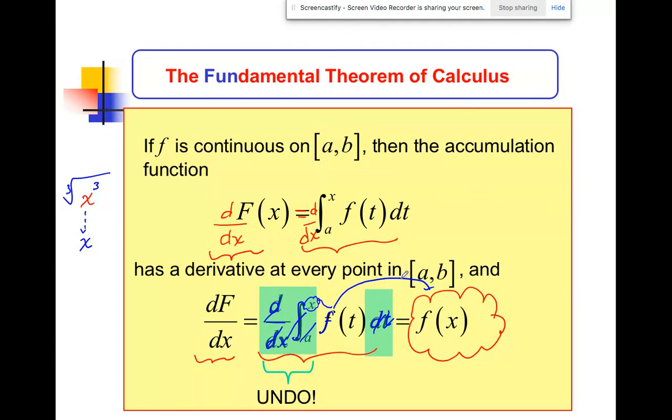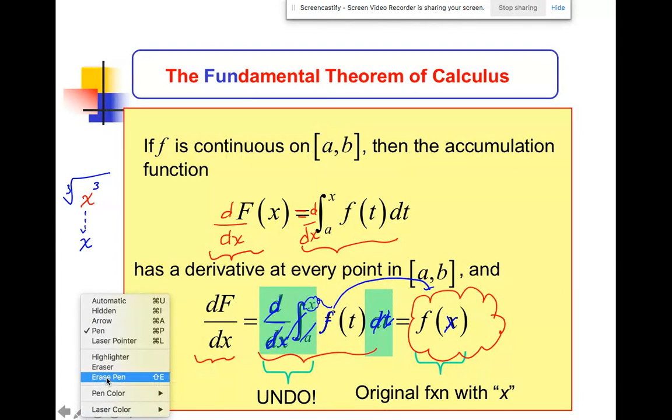X gets taken along for the ride. Crazy. That is absolute fundamental craziness. When you have a derivative and an antiderivative, they undo one another.